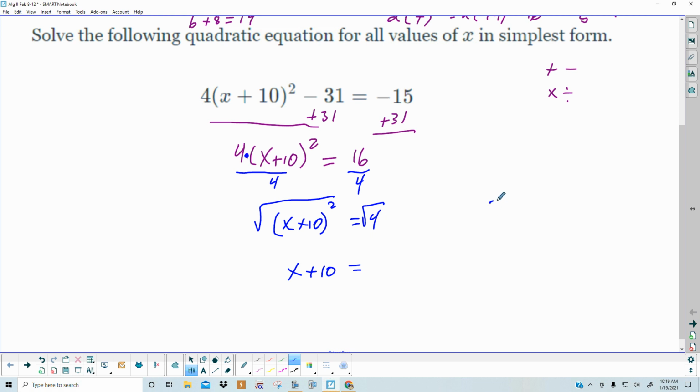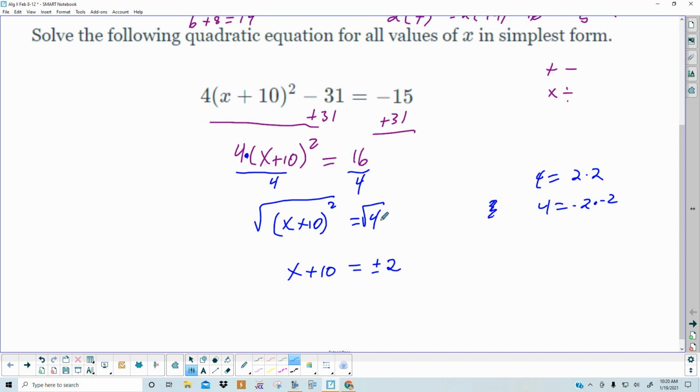Now the right side, there's 2 answers to this. It's asking what number, when I square it, gives me 4. 4 is 2 times 2. 4 is also negative 2 times negative 2. Okay? So I'm looking for what number squared gives me 4. Well, it's either 2 or negative 2. And you write that positive or negative 2.